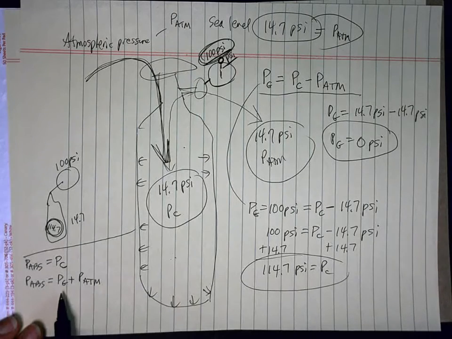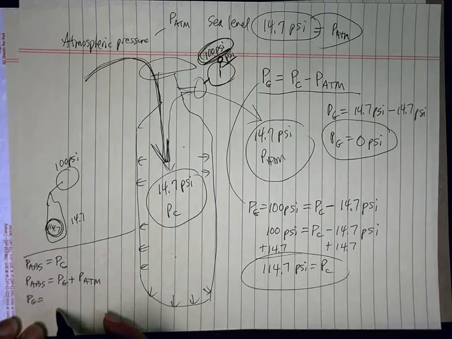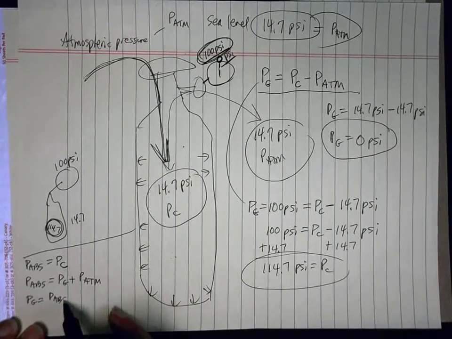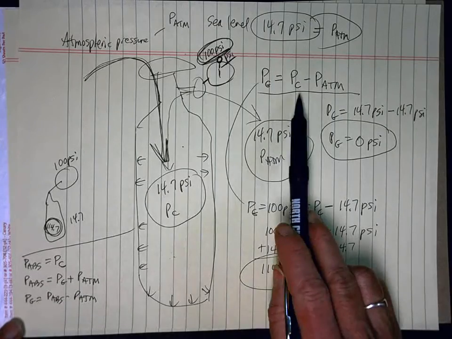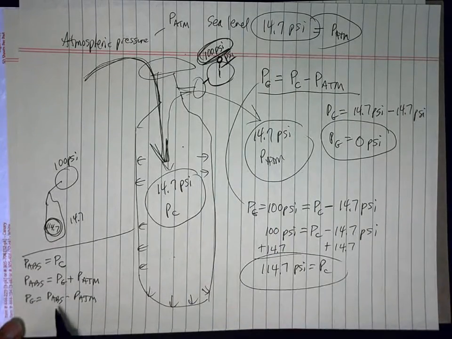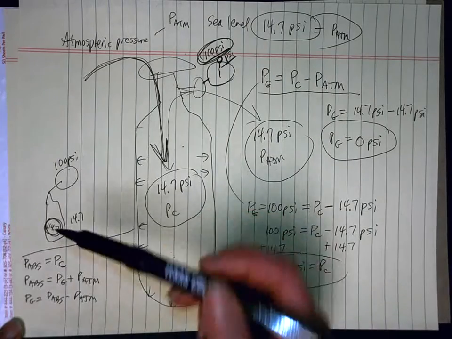Well, if you rearrange that to see what gauge pressure is equal to, gauge pressure is equal to absolute pressure minus atmospheric pressure. If you compare that to our equation over here, the absolute pressure is referring to the true pressure of what's inside your tank, whatever that is.